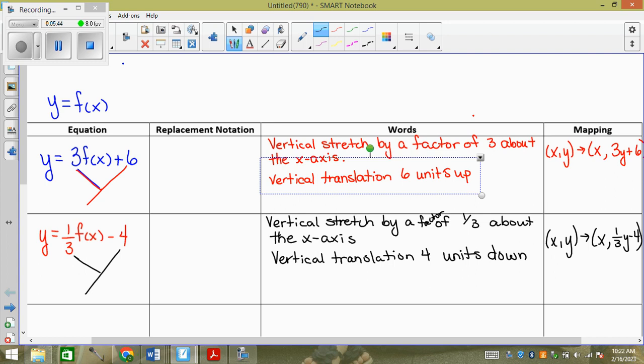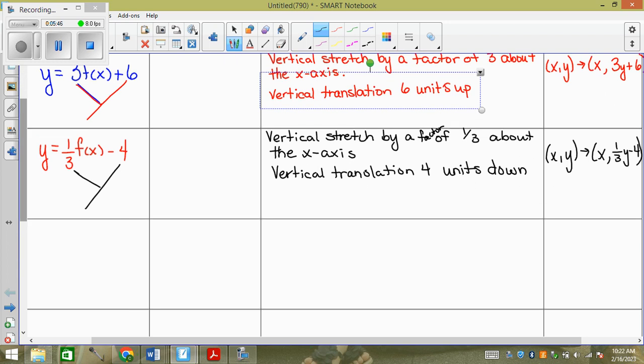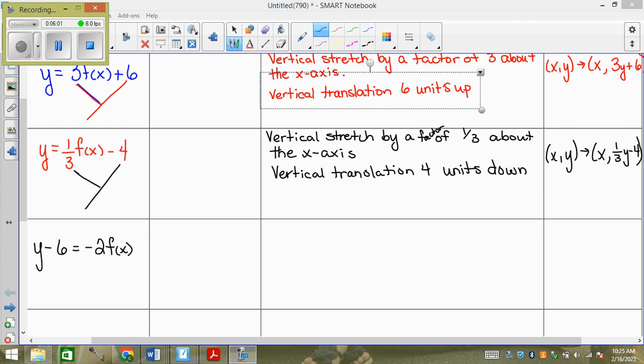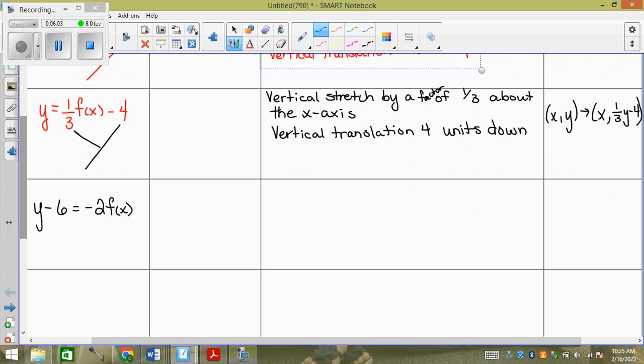All right. New one. What's the very first thing you're going to have to do? Get into y equals. Okay, then give me the stuff. So here we have y minus 6. So we're going to have to add the 6 over first.